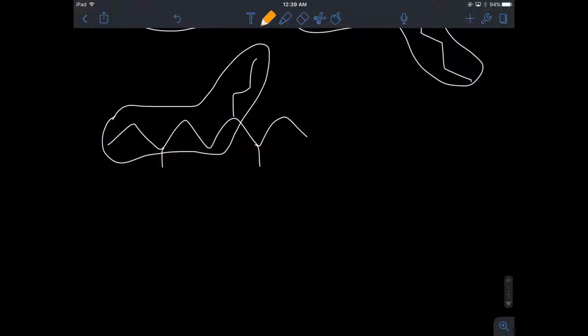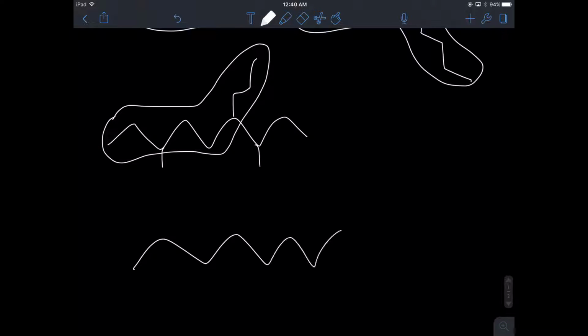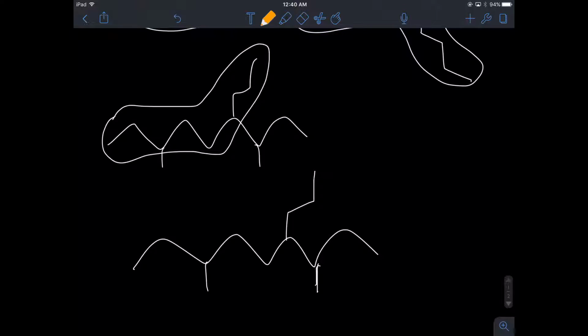So I'm going to draw another compound right here, the same compound, to compare. Look at the compound on the top. How many substituents do we have? The chain on the top has one substituent right here, and another, so two substituents.